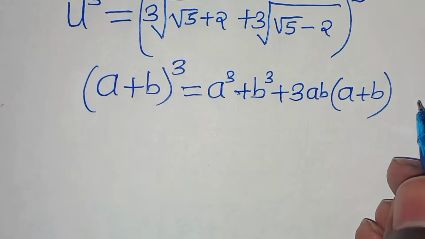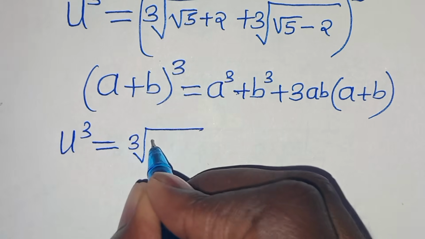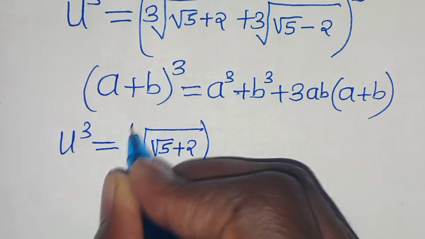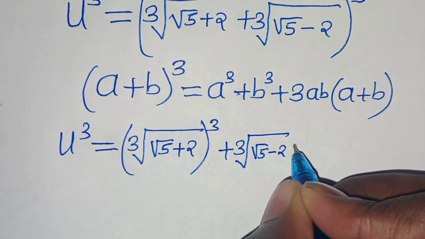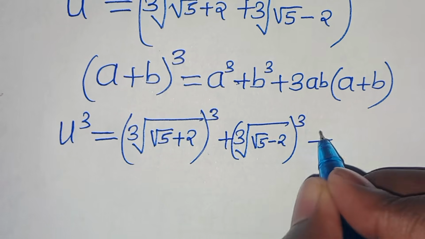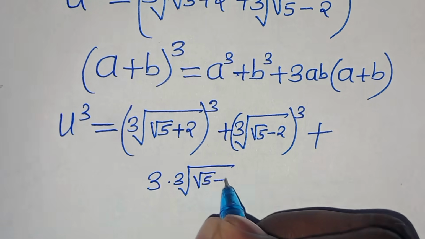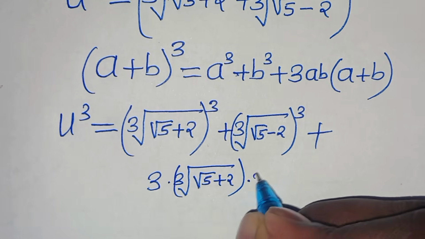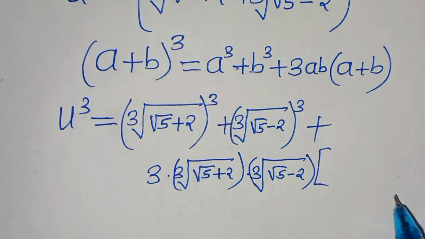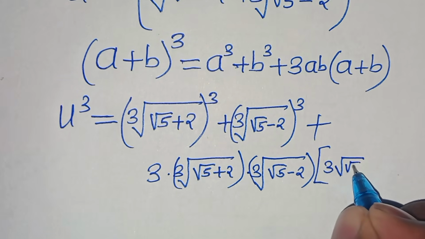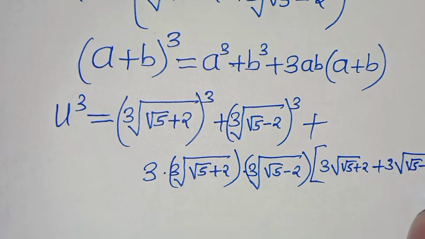Applying this property, we have u to the power of 3 equal to the cube root of root 5 plus 2 raised to the power of 3, plus the cube root of root 5 minus 2 raised to the power of 3, plus 3 times the cube root of root 5 plus 2 multiplied by the cube root of root 5 minus 2, then times the cube root of root 5 plus 2 plus the cube root of root 5 minus 2.